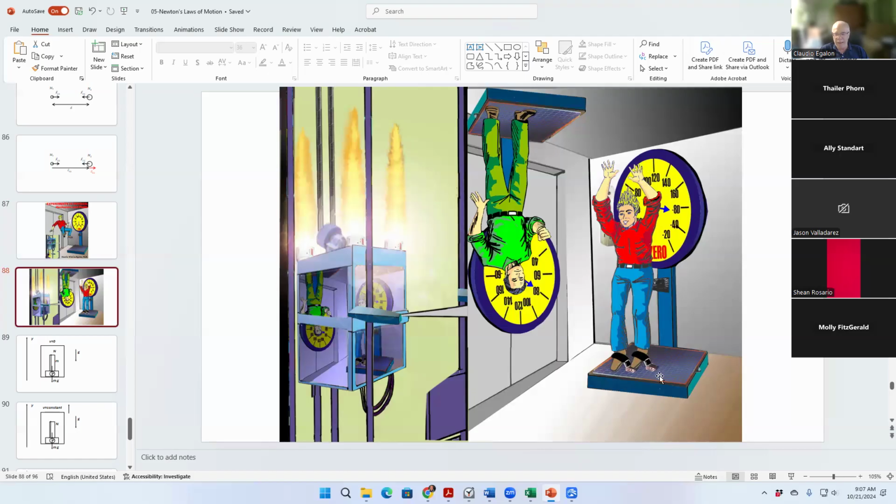And look at the foot restraint he has, so he doesn't hit his head at the top of the elevator. But we are going to solve this type of problem using our basic physics concepts, okay?